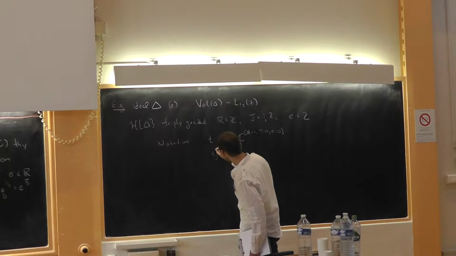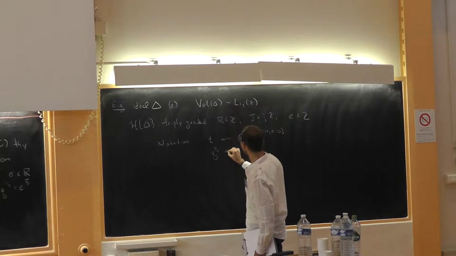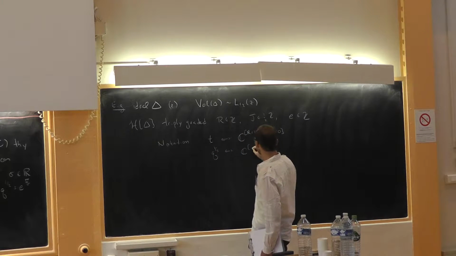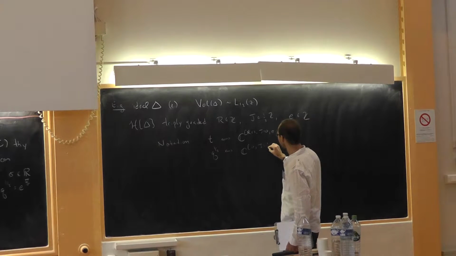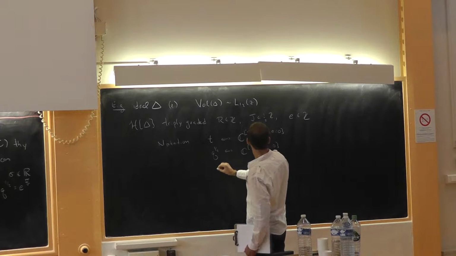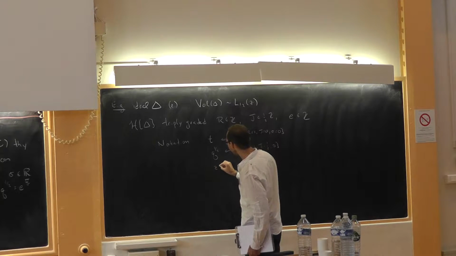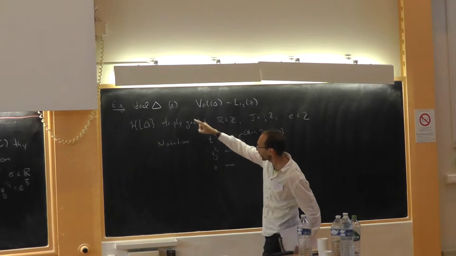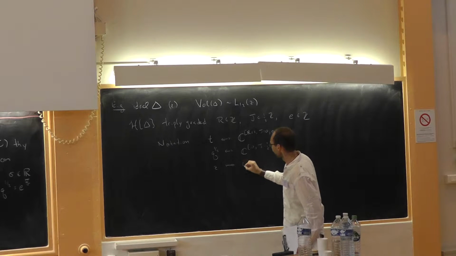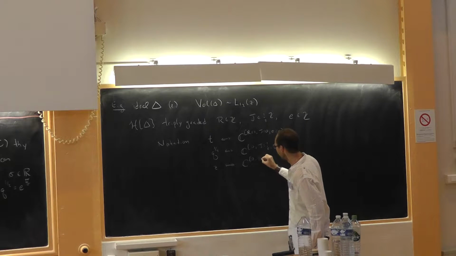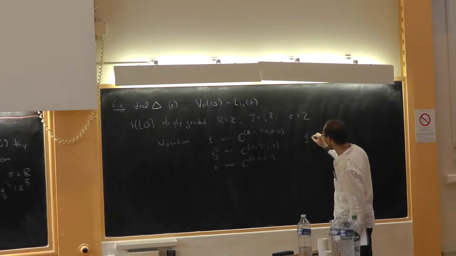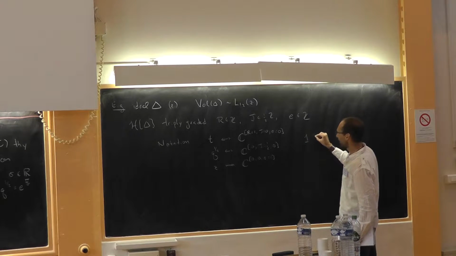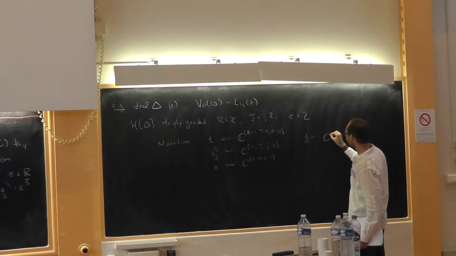And I'll use q to the half to denote a copy of C with J grading a half. And I'll use Z, it's going to be the same Z, to denote flavor grading 1. And then 1 is just going to be the copy of C in grading 0.